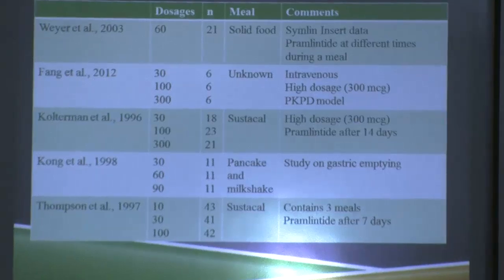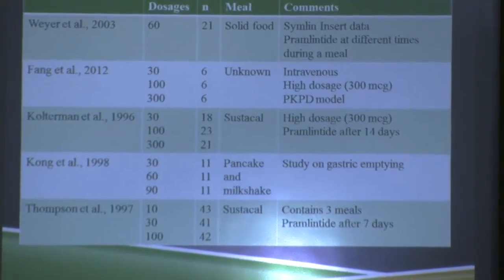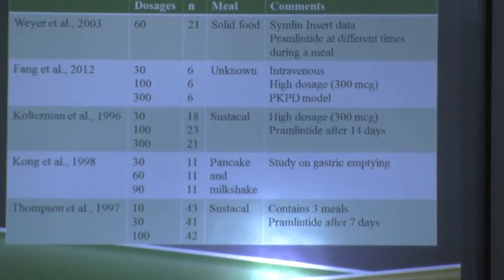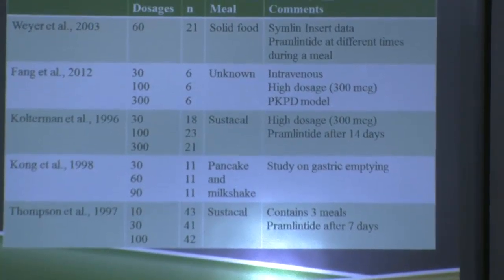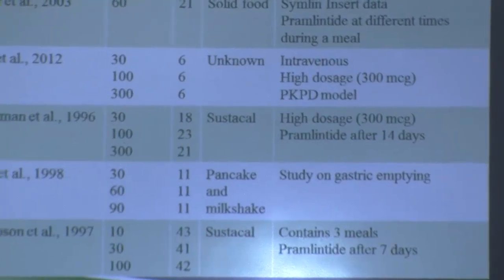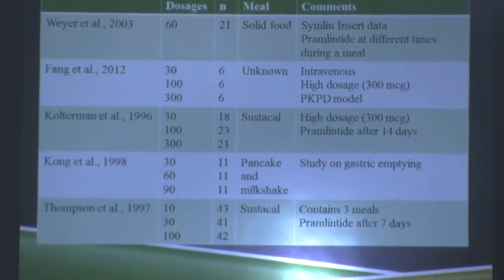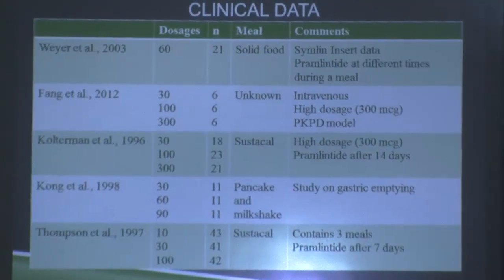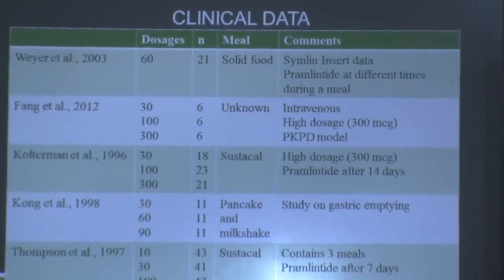These are the 5 sets of clinical data that we used. WEO, which is actually Simon's insert data, used 1 dosage of 60 micrograms over different periods of time during the meal: 15 minutes before the meal, at the same time as the meal, 15 minutes after, and 30 minutes after. FAM is the intravenous PK/PD model, and they also had a high dosage of 300 micrograms.